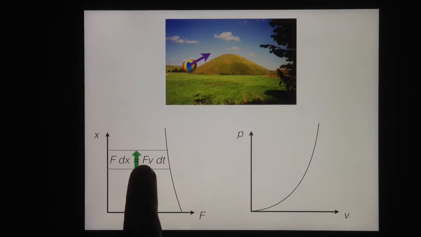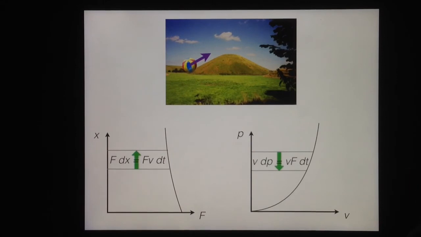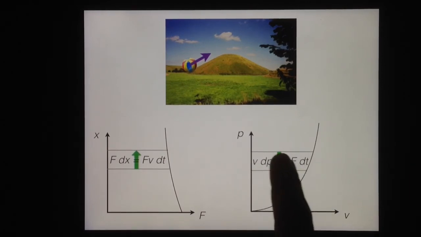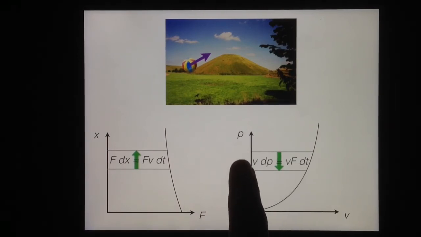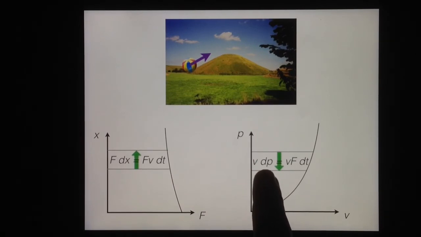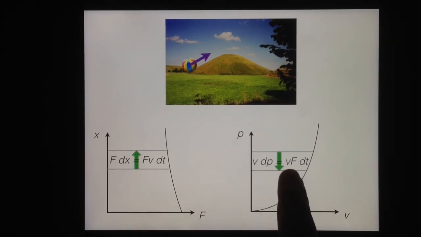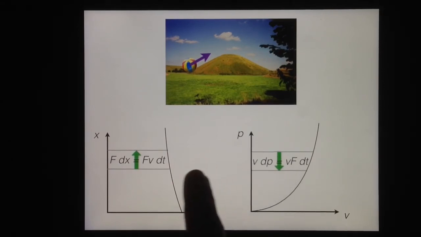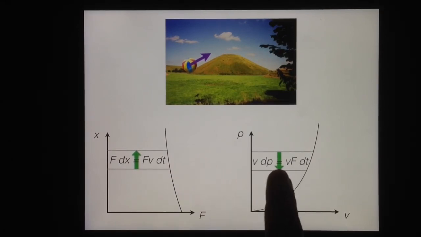So we have force times velocity times time, and on the right side, the area of this rectangle is just velocity times change in momentum, well, positive change in momentum, and we know that dp is just force times dt. So we get exactly the same expression in both graphs.